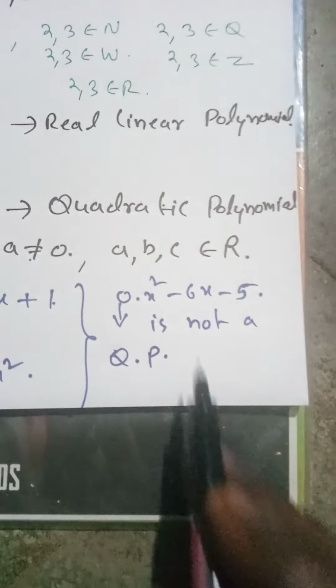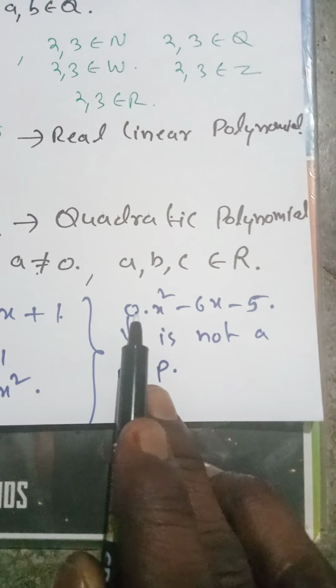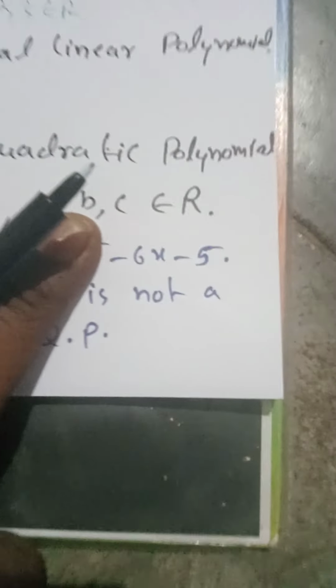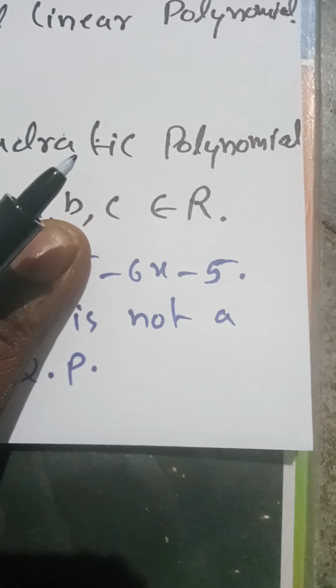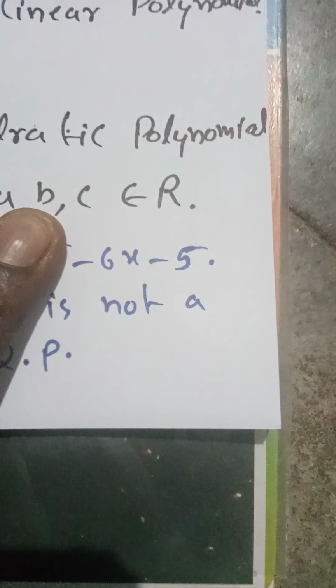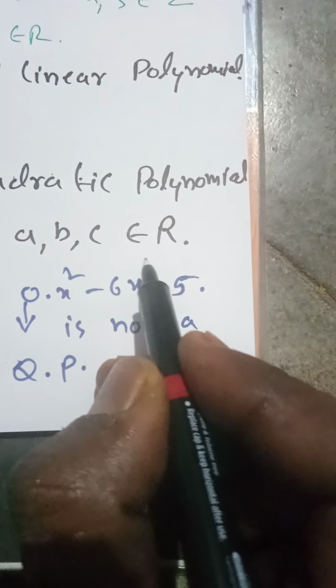So what can you say about this polynomial here? If the coefficient of x square is 0, then we do not have the x square term, and you will get only the terms minus 6 and minus 5. The coefficients are minus 6 and minus 5, and the highest power of x becomes only 1. So it becomes a linear polynomial.